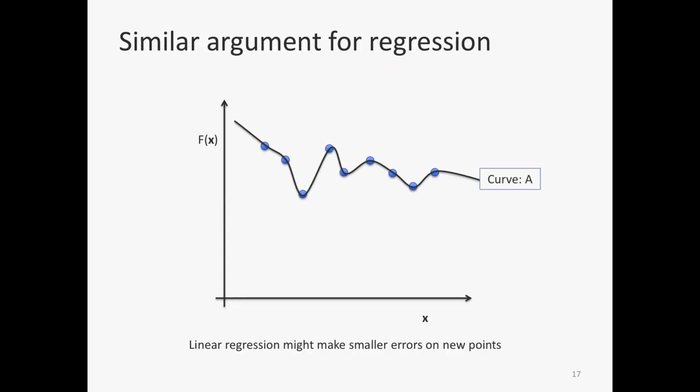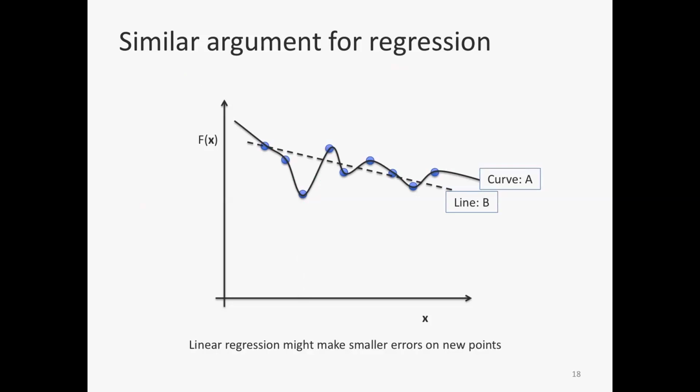By the way, the way to interpret this picture is my instance space X is maybe a number, and the value here is the function value, which is the label. So this is the label. And I could have a curve that perfectly goes through the data, or a line that goes through one point.